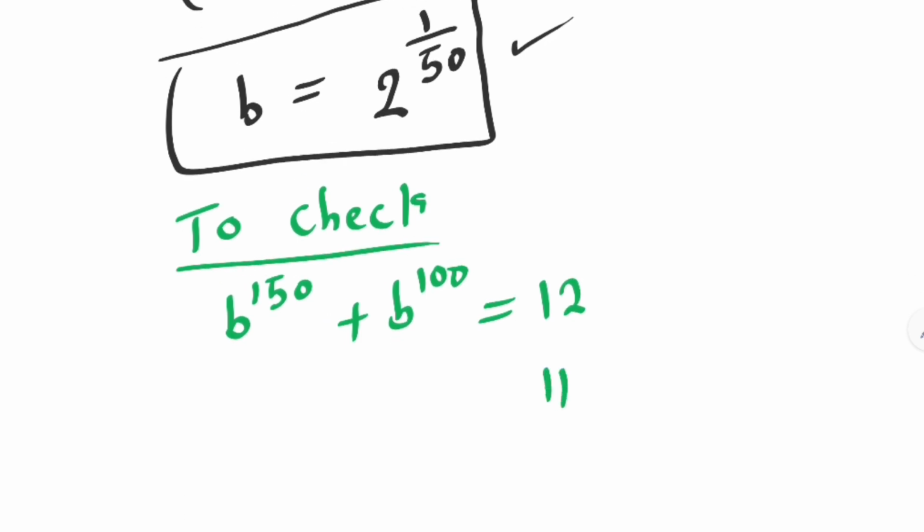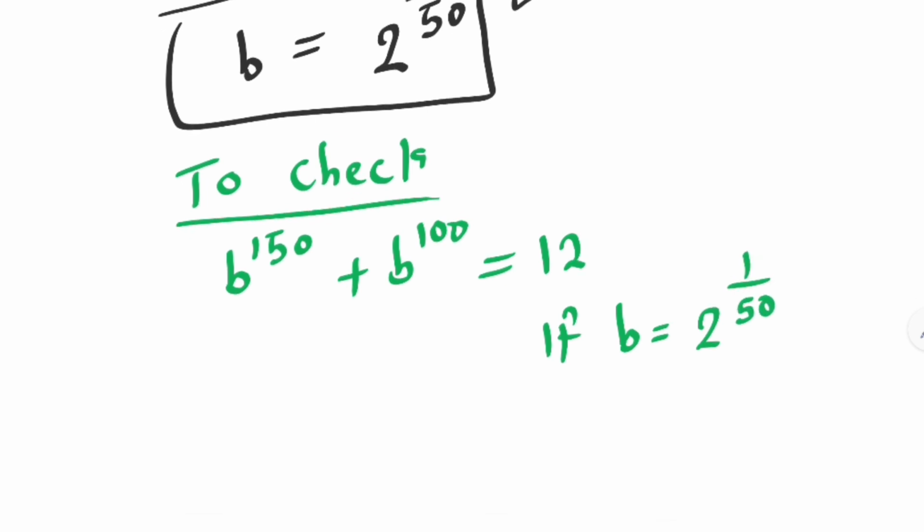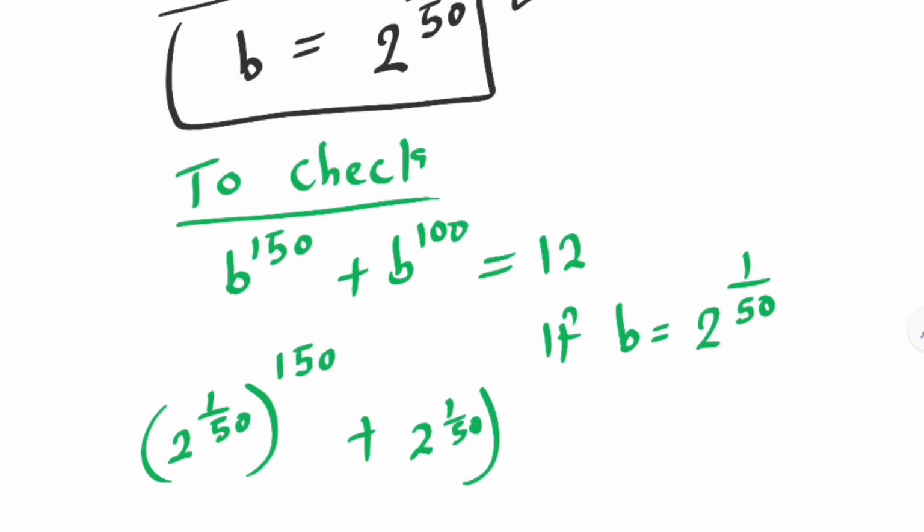Now, if b is equal to 2 raised to power 1 over 50, then this is 2 raised to power 1 over 50 to the power of 150 plus 2 raised to power 1 over 50 to the power of 100 must be equal to 12.